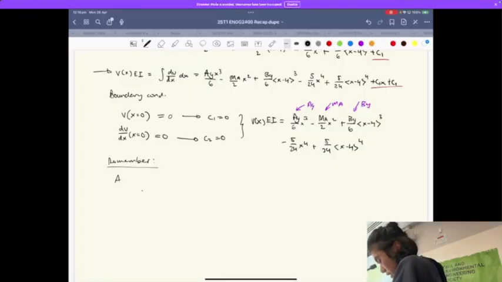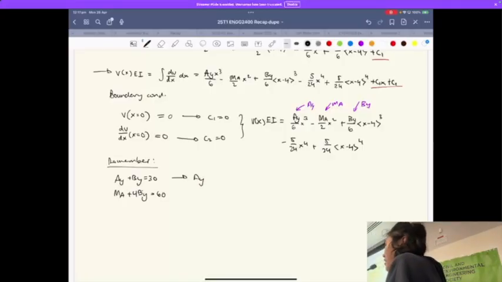We have Ay plus By is equal to 30, Ma plus 4By is equal to 60. You can solve this any way you really want to.